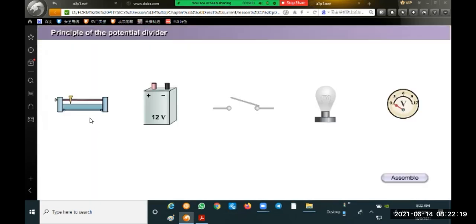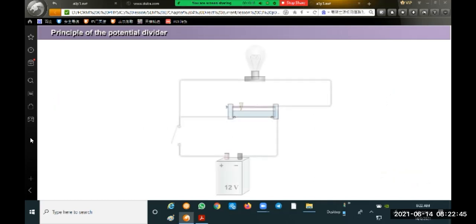We have the rheostat. We have a 12-volt cell, that means a battery, a switch, a bulb, and a voltmeter. If we want to assemble all this together, let's see how we assemble it.